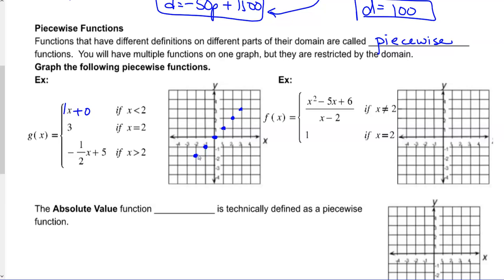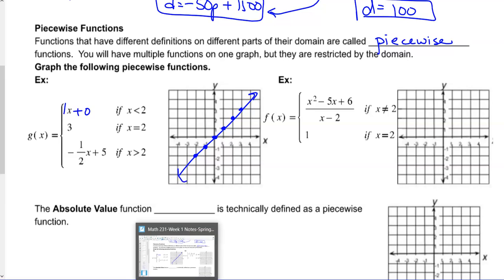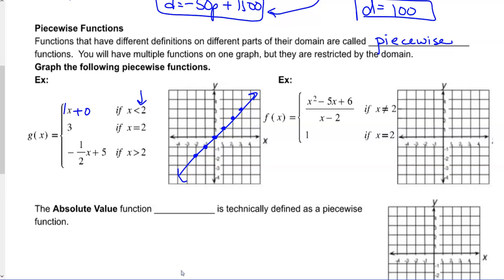Now, that entire line looks like this, but I have a restriction on that. I can only be on that line of y equal to x if I am less than 2 on the x. Here's x equaling 2. Where am I at? Less than would be all of this.